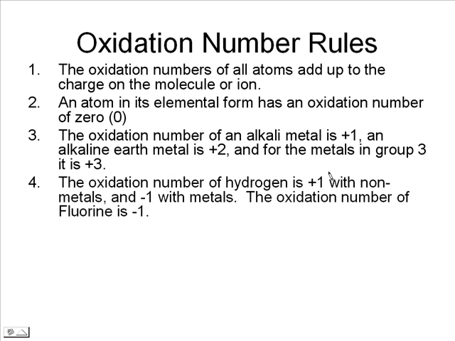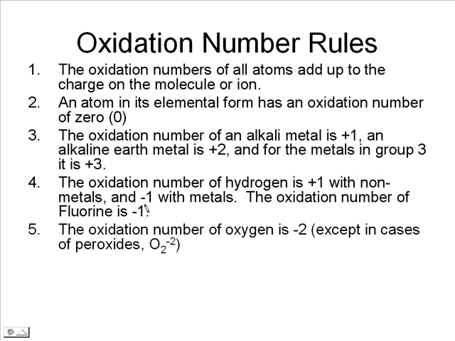When hydrogen is with a nonmetal, such as in H2O, it has a charge of +1. When hydrogen is with a metal, such as NaH, sodium hydride, it has a charge of -1. And then also the oxidation number of fluorine is -1. We'll talk about why that seems like a random place to put it in just a second.